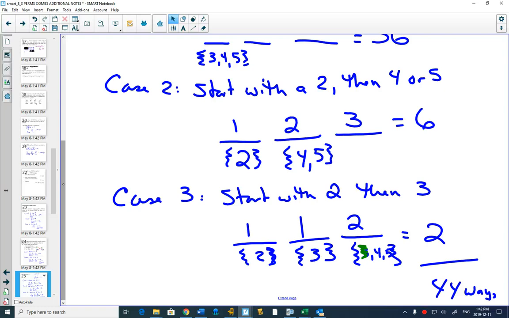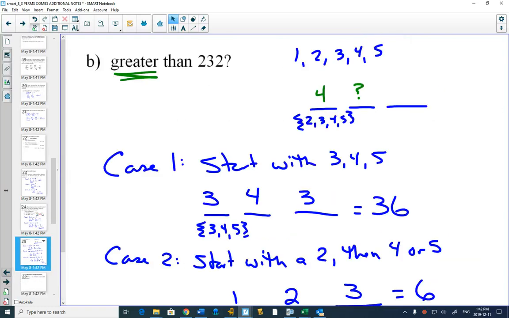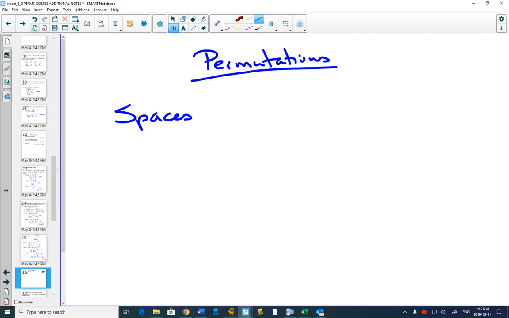So what's happened up till now for permutations, if we sort of summarize, because next is combinations in your notes. So if we summarize for permutations, what we have developed is a bunch of different strategies. Strategy number 1, spaces.